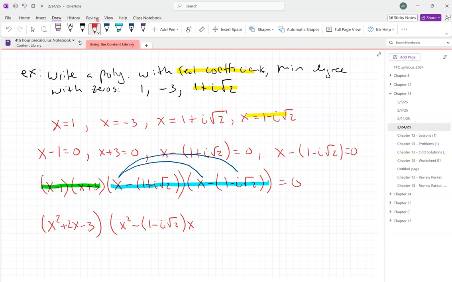So when I do my first and my outer, I get that. When I do my inner and my lasts, I get that. Is everybody okay so far?